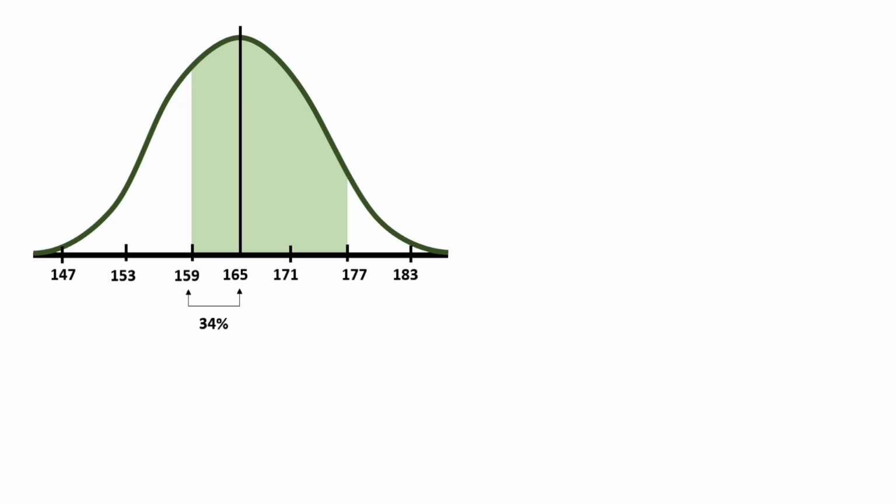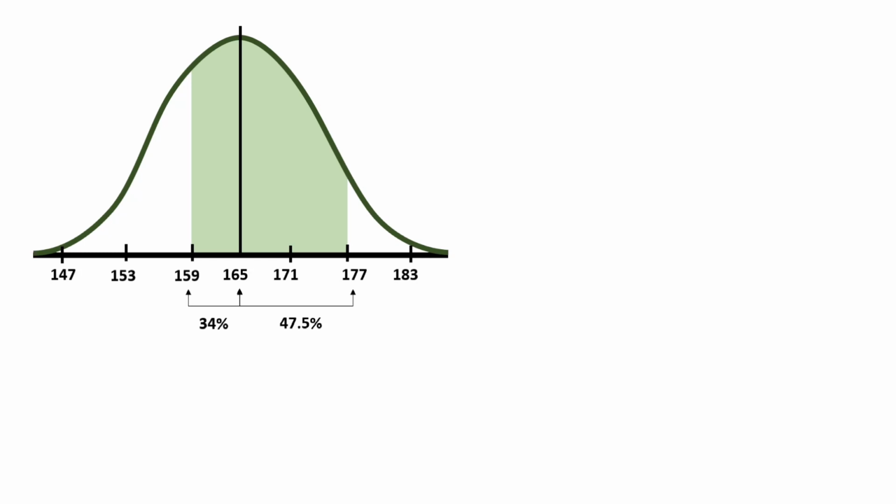Now, to get the value from 165 to 177 centimeters, we know that this part, which is 2 standard deviations away from the mean, gives us the percentage of 95. So by dividing this by 2, we would get 47.5%.